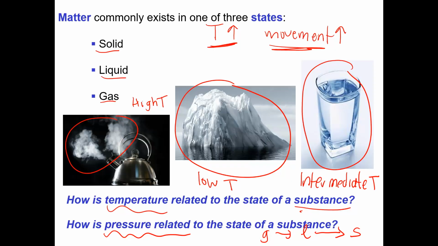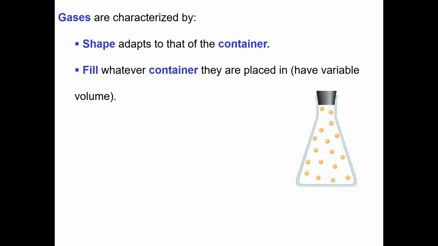Okay, so let's do a deep dive and look at some of the specific properties of gases, liquids, and solids. So gases are interesting. Gases have a variable shape. The shape of a gas is just the shape of its container. But what makes gases unique amongst the three common phases of matter is that a gas will fill whatever container it's placed in.